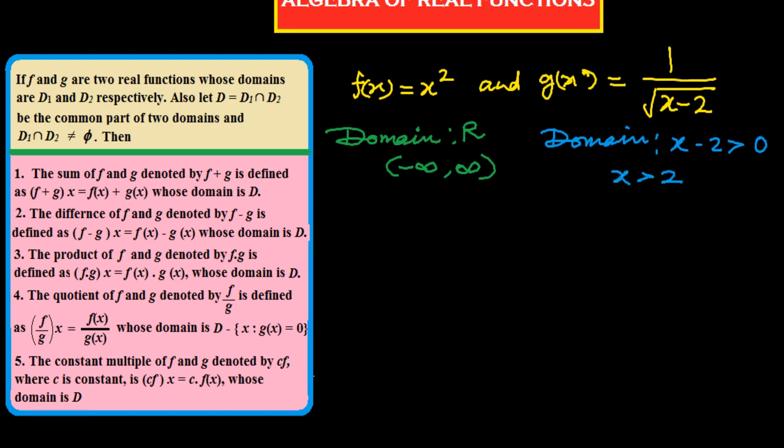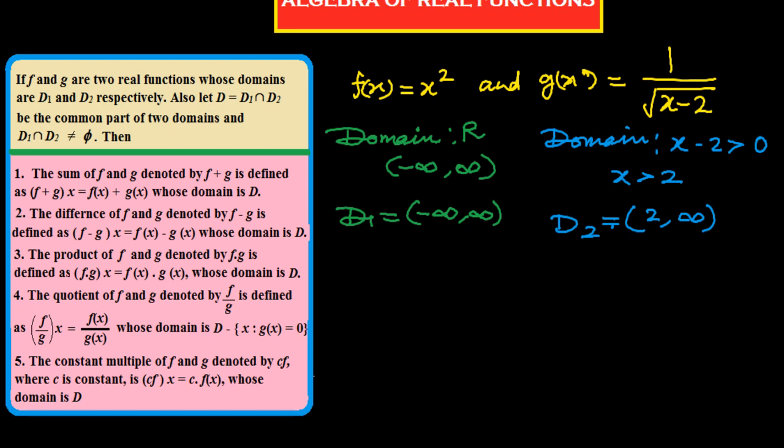So d2 is 2 to infinity, and d1 is minus infinity to plus infinity.